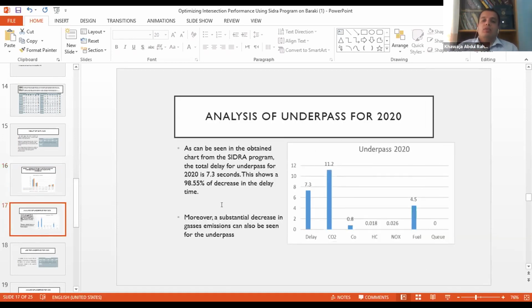Analysis of underpass for 2020. As can be seen in the obtained chart from the Sidra program, the total delay for the underpass for 2020 is 7.3 seconds. This shows a 98.55% decrease in the delay time.